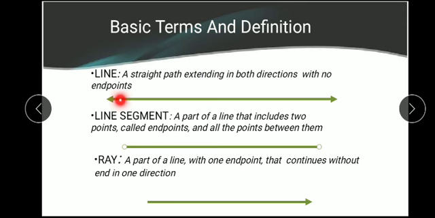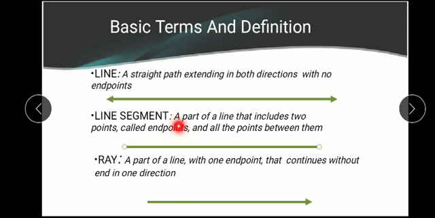Means if we want, we can make it as long as we like, both on this side and on the other side. With no endpoints means it doesn't have any endpoint. It can be extended in both directions. That is called the line.